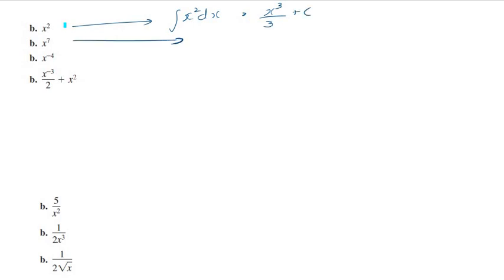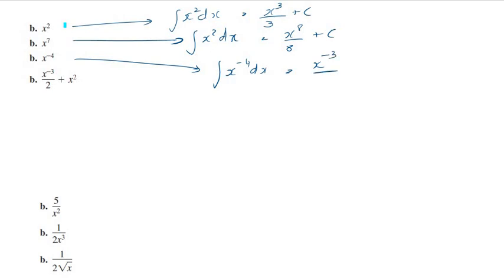And the integral of x to the power 7 dx would be x to the power 8 over 8 plus c. And the integral of x to the power minus 4 dx, if you get the antiderivative of this, when you add 1 you would get x to the power minus 3 over minus 3 plus c.